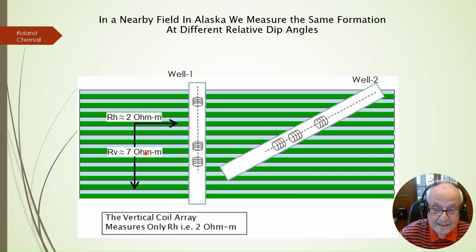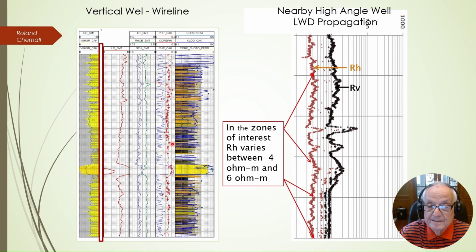That told us that this is layering and that the sands are very likely to contain oil. So we applied Jim Klein's method, and we computed RH and RV in that formation. We found a fairly big contrast, a factor of 5 to 7 between RV and RH. Then we applied the Jim Klein method to determine saturation.